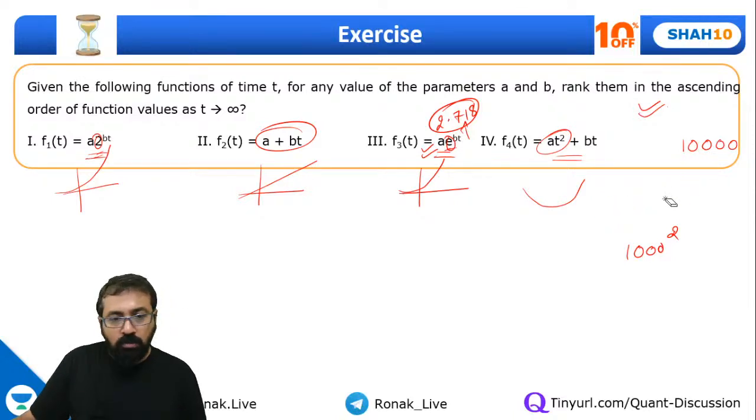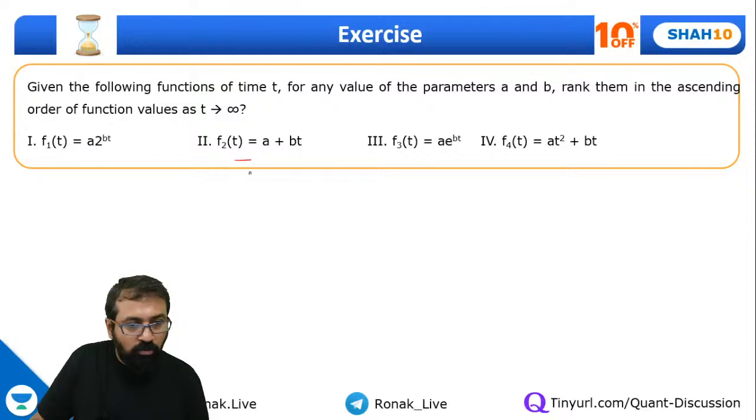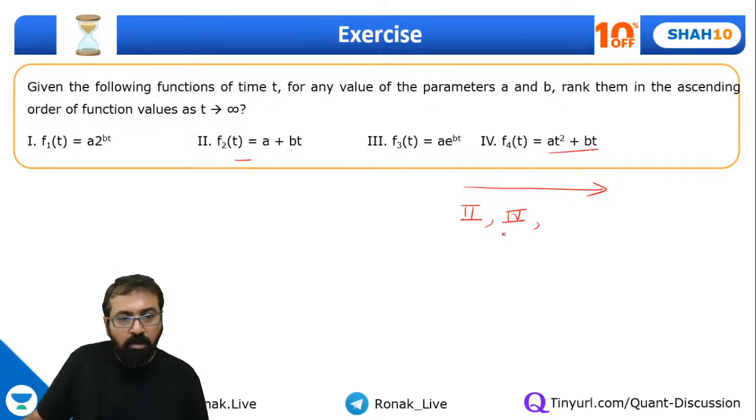Let me once again tell you, the smallest one will be this one. So we will write this is the order: 2, then we'll have this one 4, then we'll have this one first, and then we'll have third.